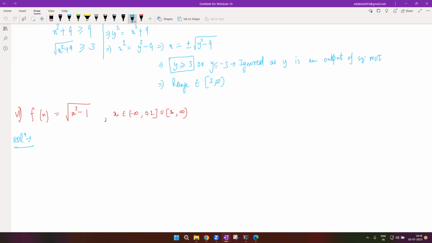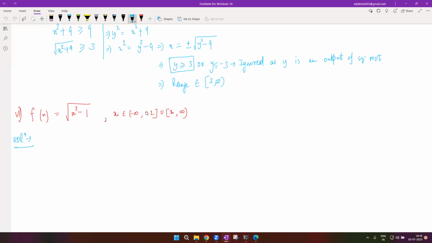There are two reasons for this. One is that all the negative values of x would give the same answer as the positive values, because in the expression we have x square, not just x.